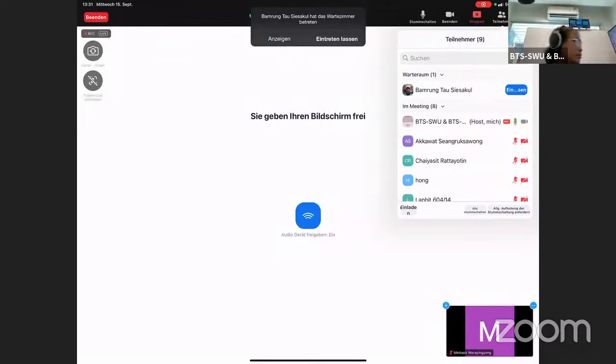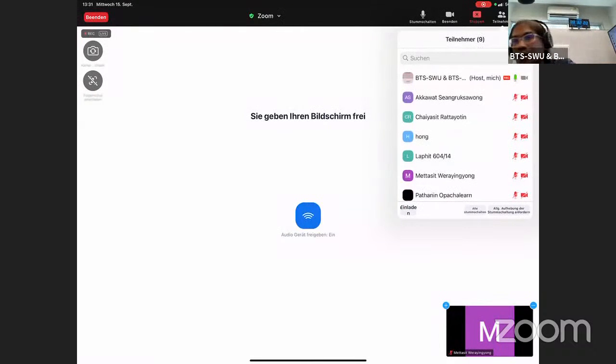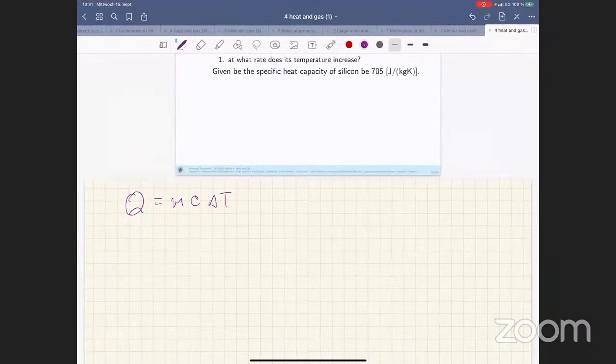So we're going to divide the whole equation by small delta t, which is the observation time. We are going to divide the whole equation by this quantity, the observation time.